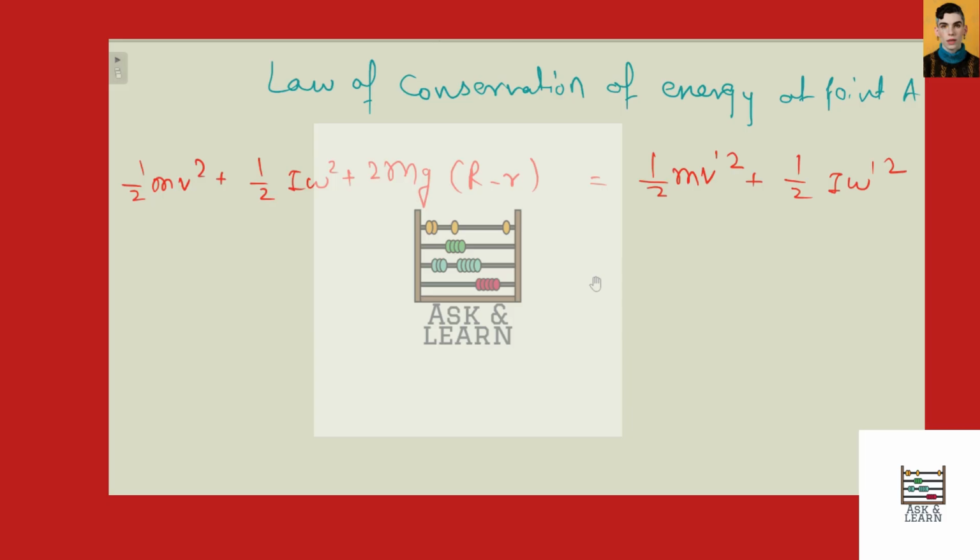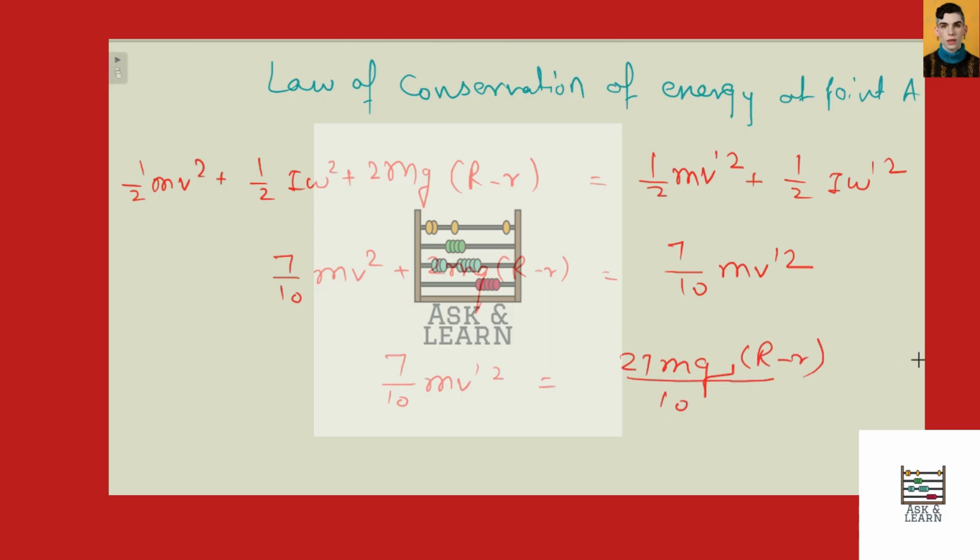Now put all the data in this equation. So this comes out to be 7 by 10 mv square plus 2 mg into R minus r is equal to 7 by 10 mv dash square. So from here we get 7 by 10 mv dash square is equal to 27 mg into R minus r upon 10.